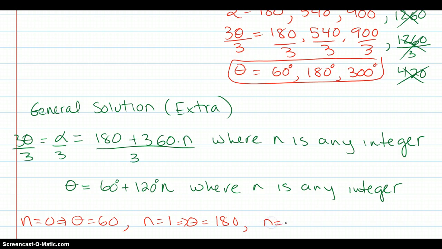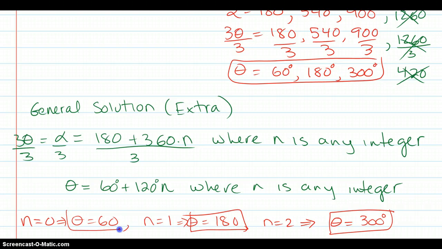Plugging in n equals 2, what do I get? I get that theta equals 60 plus 240, which is 300. So it gives me the 3 answers I am looking for as well. So it's just another way of doing it if you want to do the general solution first and then find the thetas from there. Hope this helps.